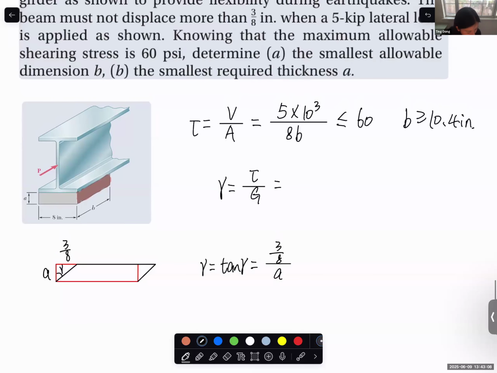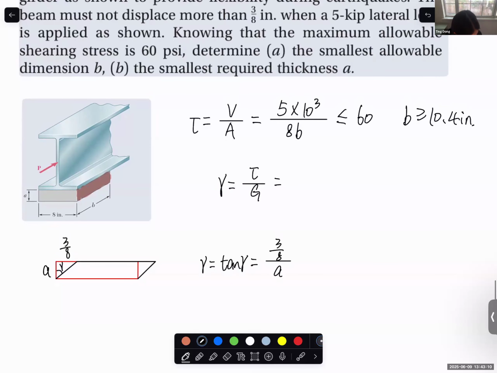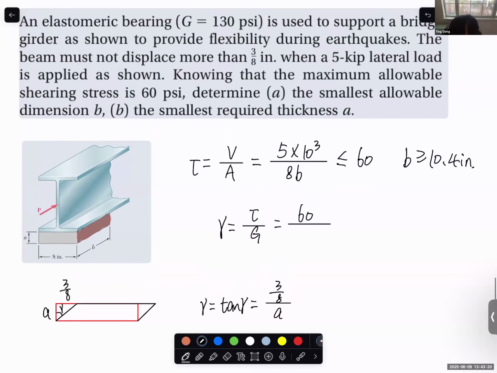Since the shear stress should not exceed 60 psi, shear modulus is 130.